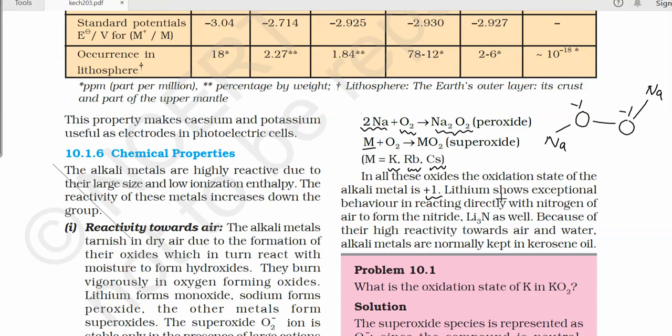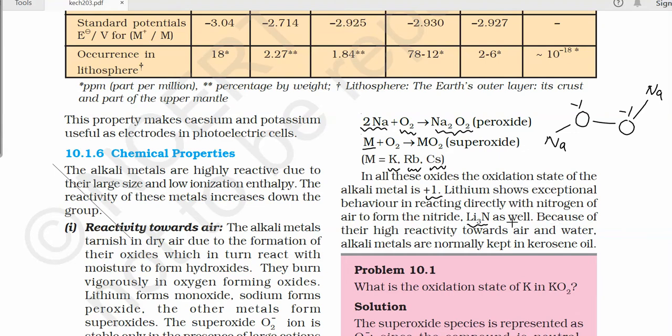Lithium shows exceptional behavior in reacting directly with the nitrogen of air to form lithium nitride. So an exceptional reaction can be seen here for lithium, which reacts with nitrogen directly to form lithium nitride, while the other alkali metals do not show this reaction.